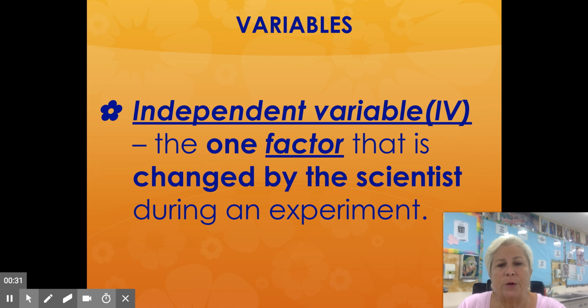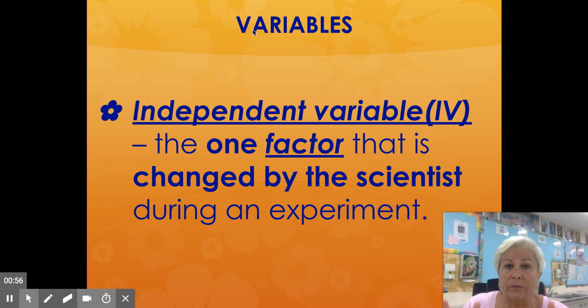Okay, so in science experiments using the scientific method, there are 3 categories of variables. Now, if you look at the word variable, it actually has the same word root as variety and vary. Vary, V-A-R-Y, means to change.